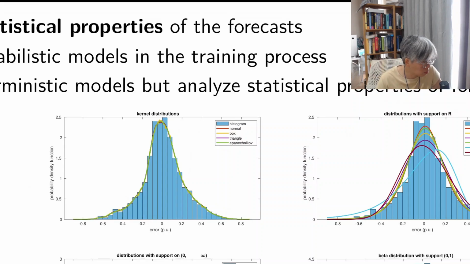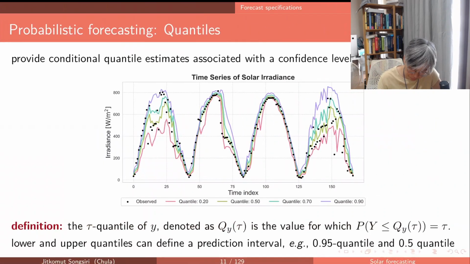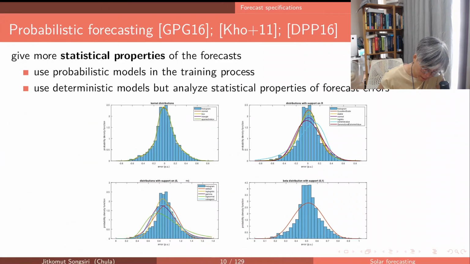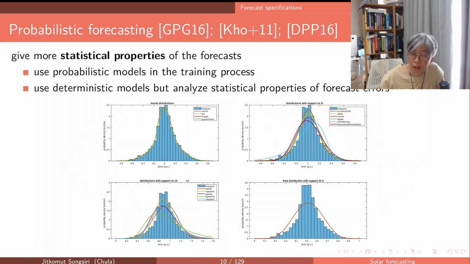For example, people may use the gamma distribution, beta distribution, or Weibull distribution. Those are examples. Okay, now this is the first example of how to provide a probabilistic forecast.